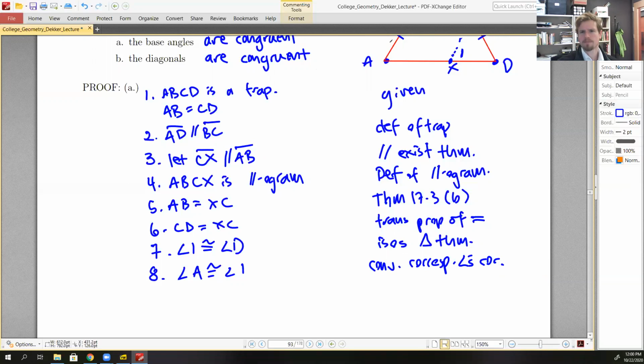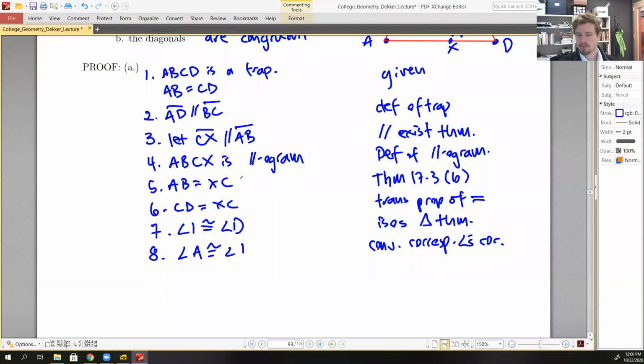That gives us that A is congruent to 1 and 1 is congruent to D, and by the transitive property of congruence, we have that A is congruent to D, which is exactly what we wanted. The base angles are congruent.